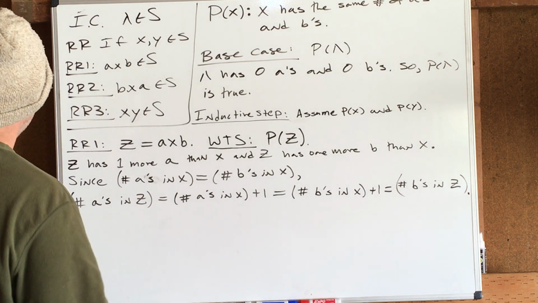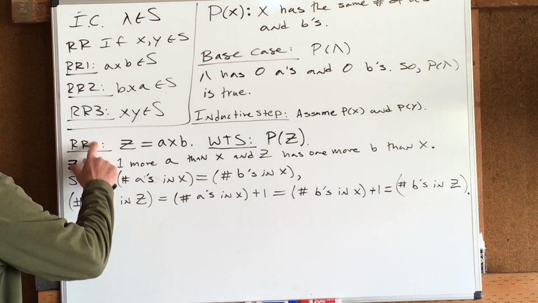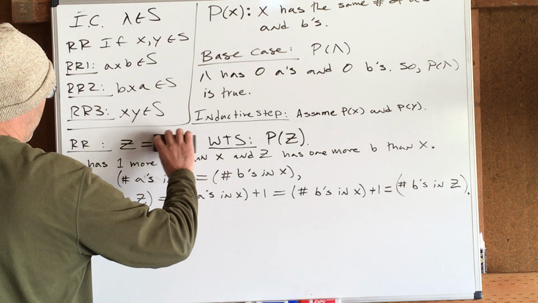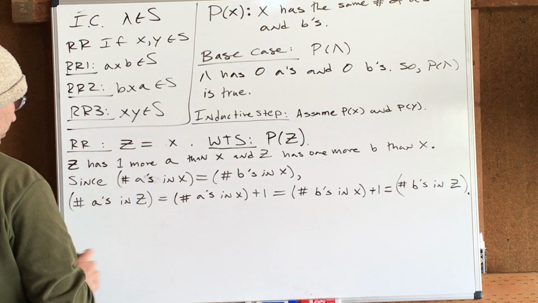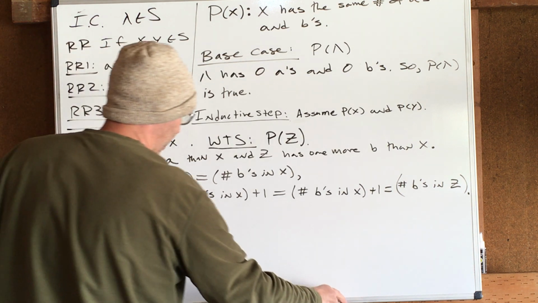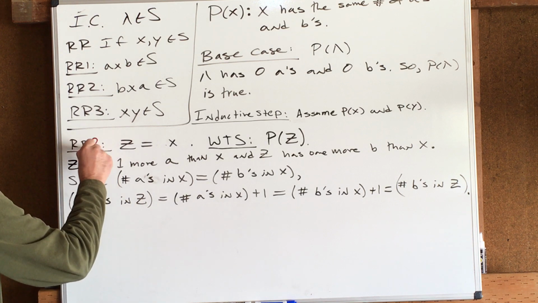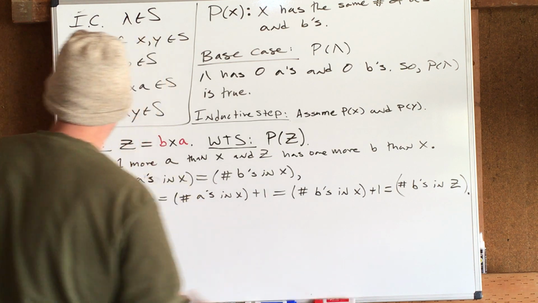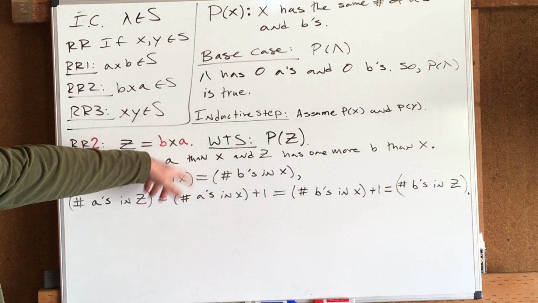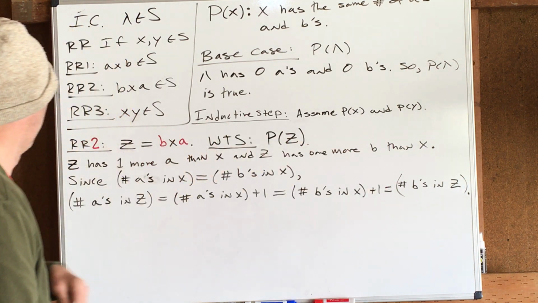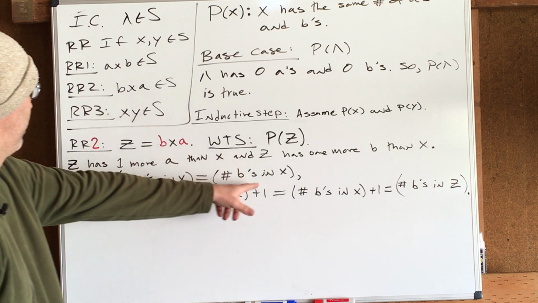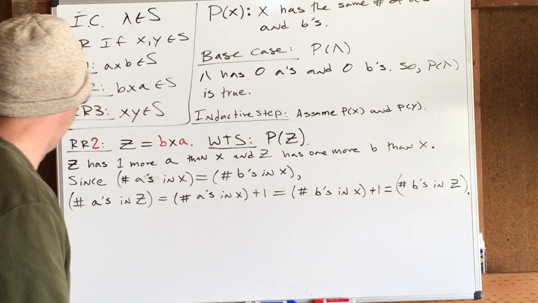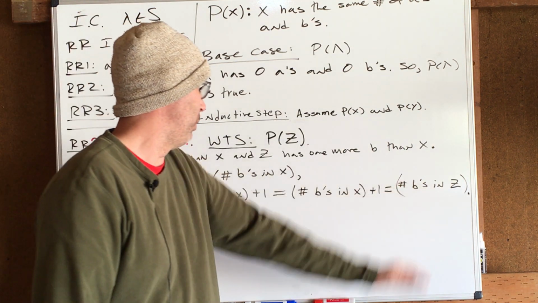Notice this is almost entirely similar for recursive rule 2. Pretty much everything will be exactly the same. Just put a little 2 there, a b there, and an a there. Z still has one more a than x, and z still has one more b than x. So the number of a's in x is still the number of b's in x. This is because of our assumption P of x. So that shows what we need to show there.